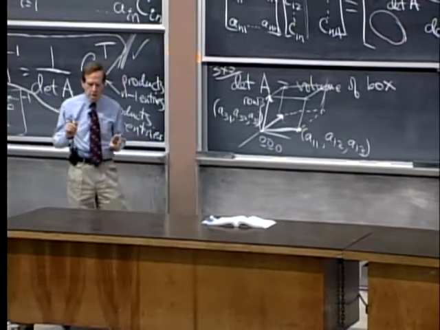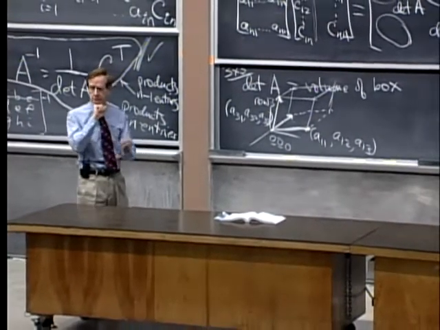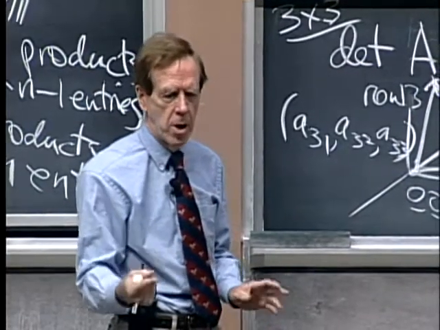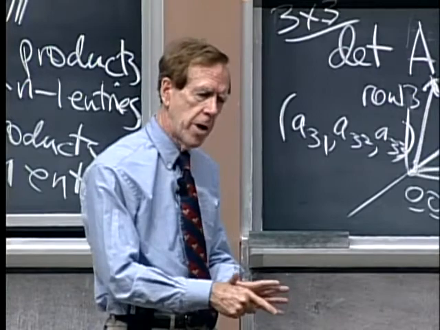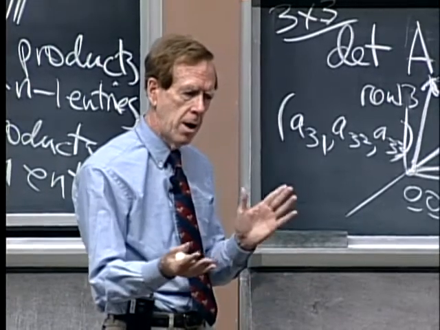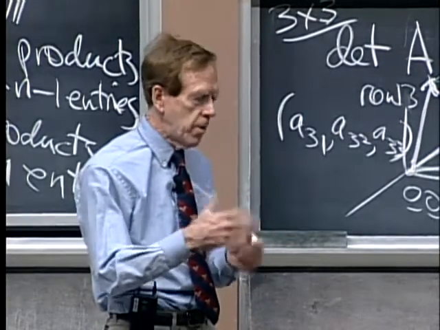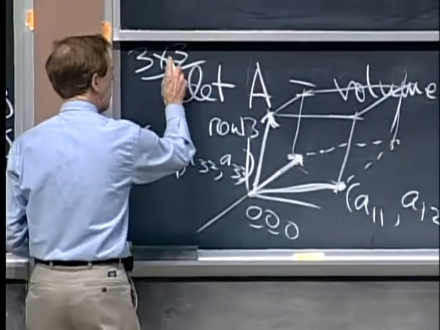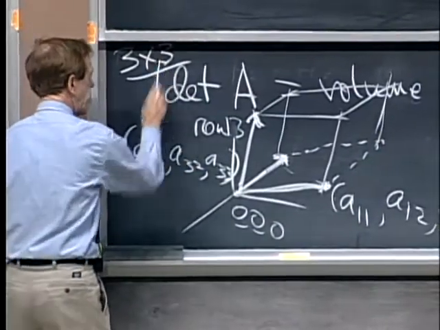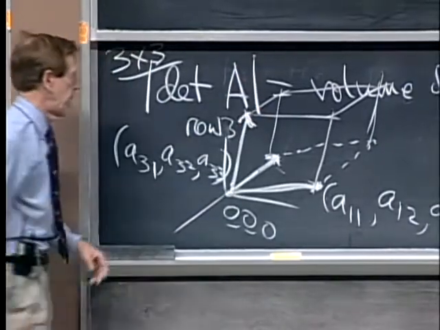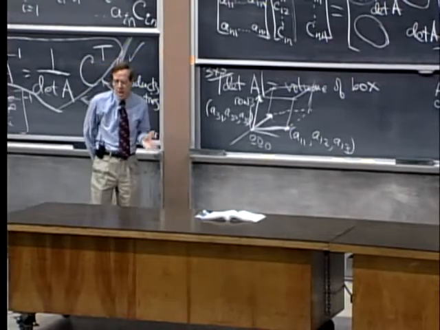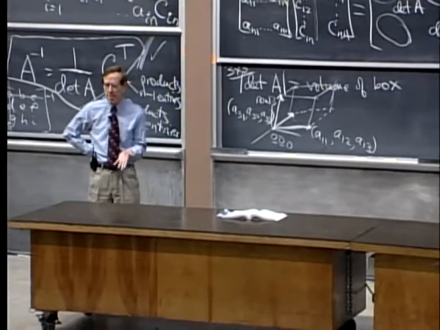Now, it's possible that the determinant is negative. So we have to say what's going on in that case. If the determinant is negative, then for the volume, if we think of volume as positive, we should take the absolute value of the determinant. But the sign of the determinant must always tell us something.